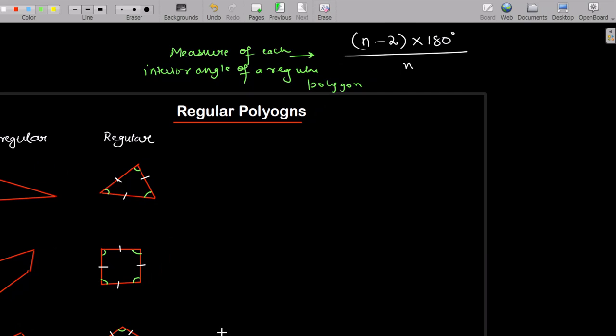For a pentagon, can you find out the measurement of each angle? So n is what? Tanvir, what's the n in this formula? Wait, I'm trying to calculate. Your mic is far from your mouth.